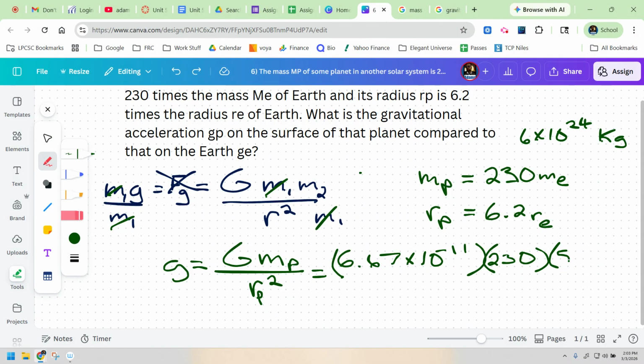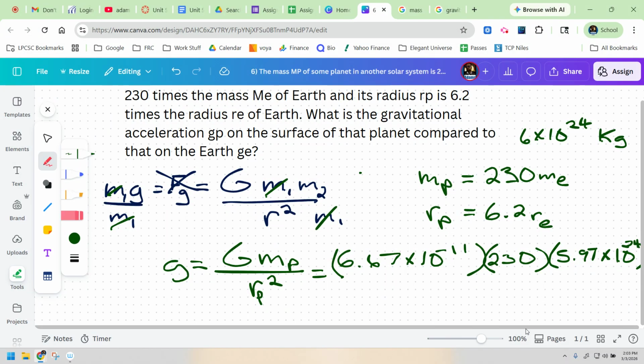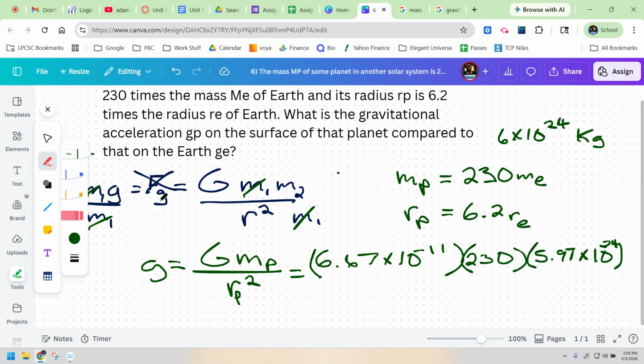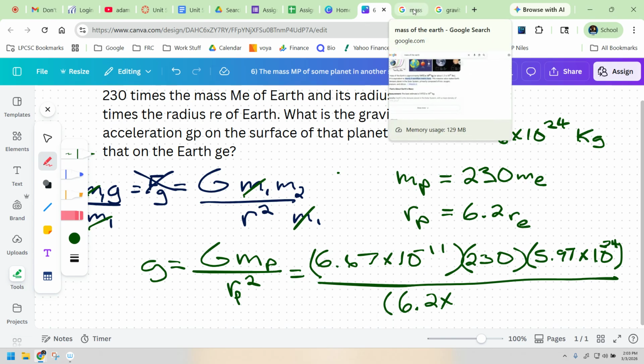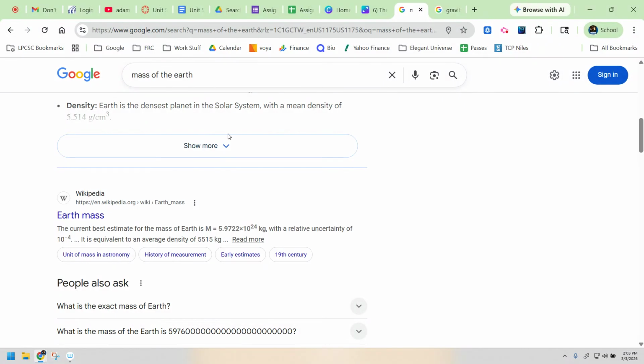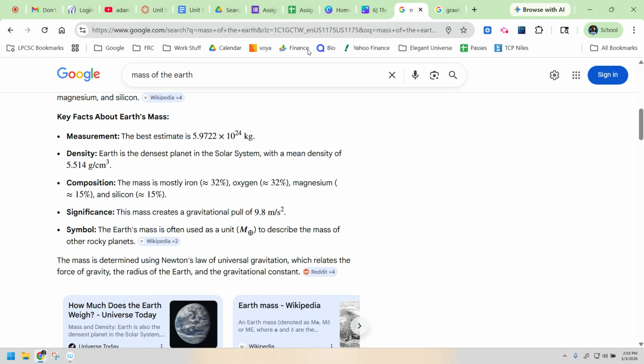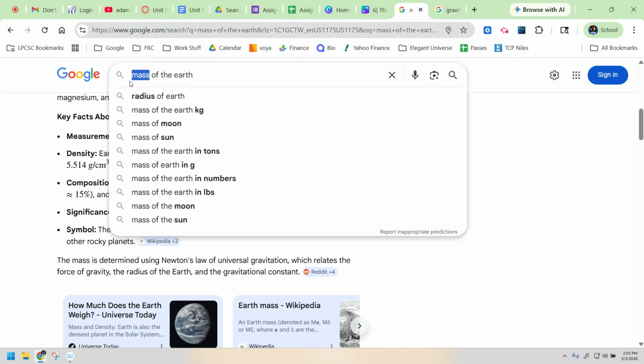So we'll say 5.97 times 10 to the 24. That's the mass of Earth. I ran out of space. Okay, divided by 6.2 times the radius of the Earth. So I need that. Mass of the Earth, density, what's the radius? Oh, well, we'll just type it. Radius of the Earth.